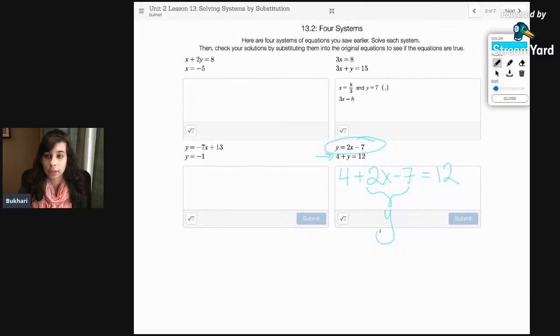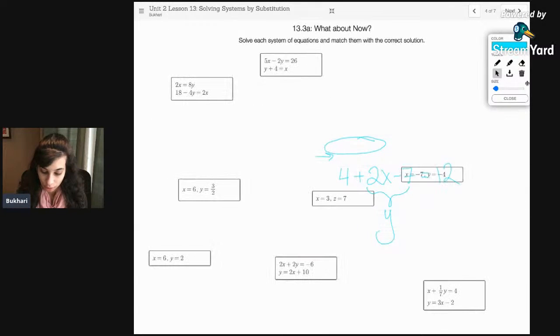But don't forget that your solution is a solution to both of your equations in your system. If something doesn't work out when you're checking your answer, then you know to go back and see whether you made an algebraic mistake or some sort of small computation mistake. I want you to continue to practice that when it comes to 3.3.